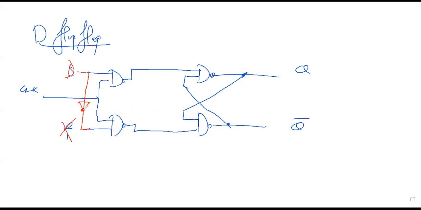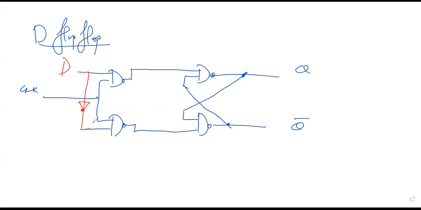Voila, this becomes my D flip-flop. Almost the same as the SR. Only difference is one input, S and R are joined, and there is an inverter between the two.